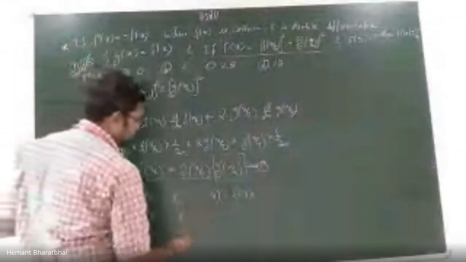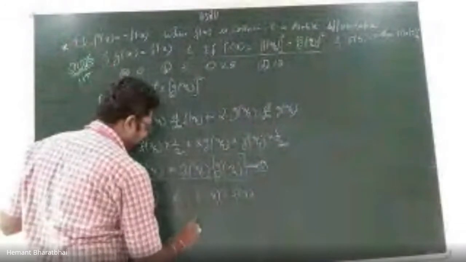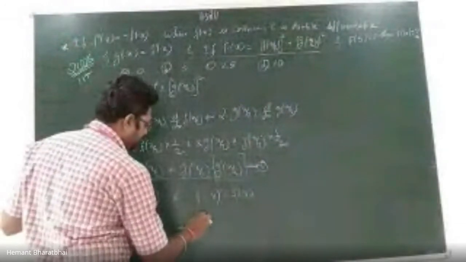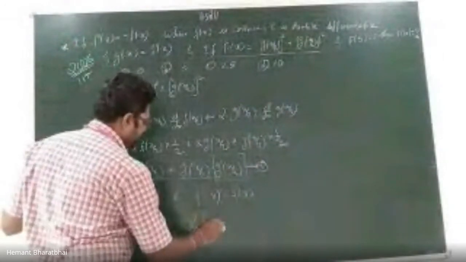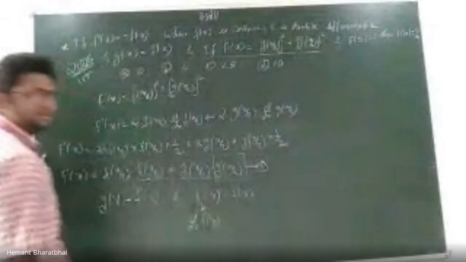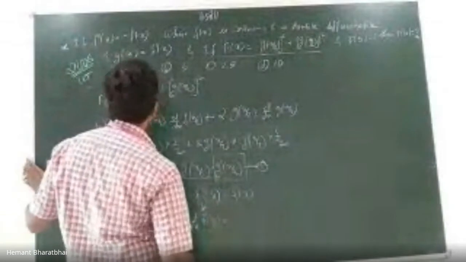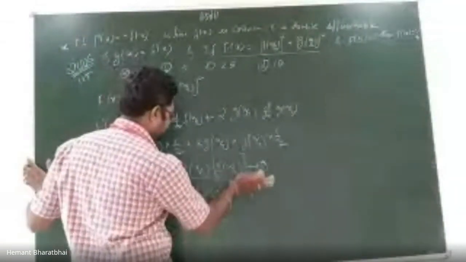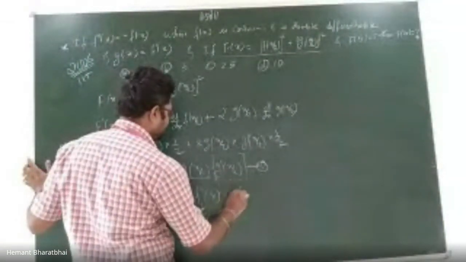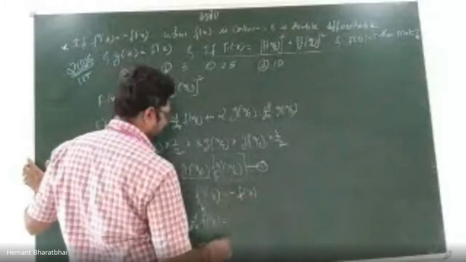F double dash of x simply means d dx of f dash of x, which he has given as minus f of x. Sorry, I made a mistake.